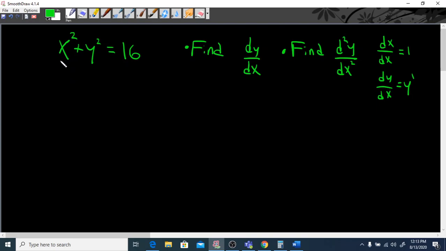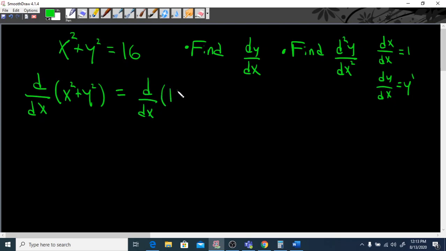So here we go. I'm going to apply the derivative operator to both sides of my expression, taking the derivative of the left and the derivative of the right. The derivative of x squared is very simple: power rule, 2x, and then dx/dx is 1.